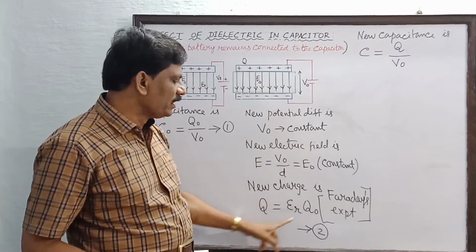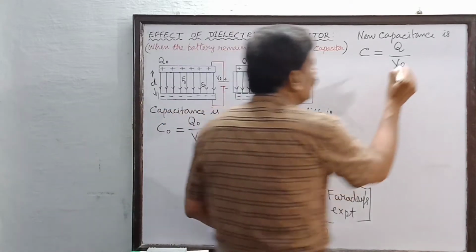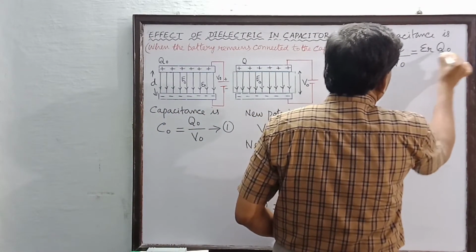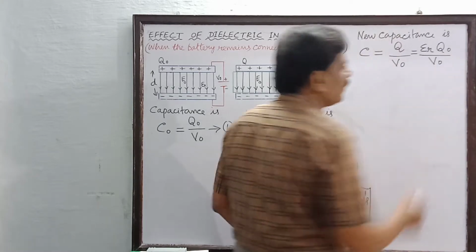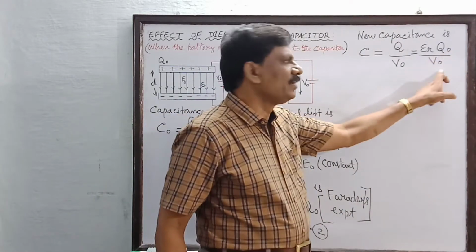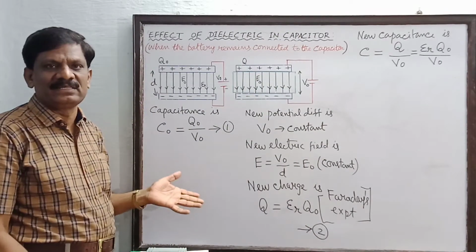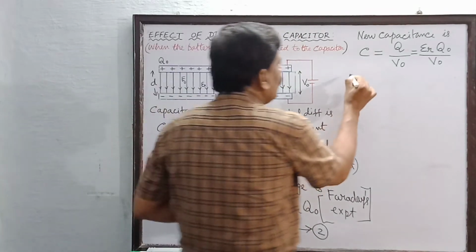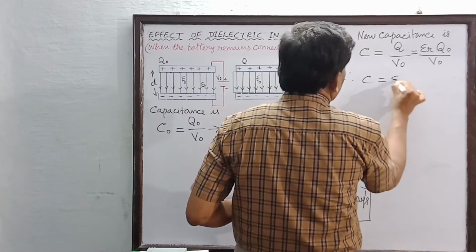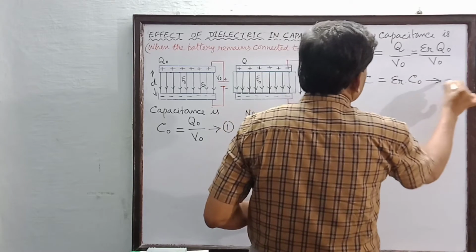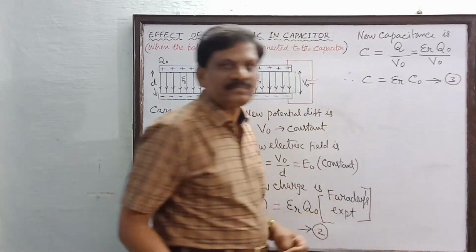So this Q is equal to epsilon R times Q naught, so C is equal to epsilon R times Q naught divided by V naught. But Q naught divided by V naught, as per equation 1, is equal to the original capacitance C naught. Therefore, the new capacitance is equal to epsilon R times C naught. So this is equation 3.